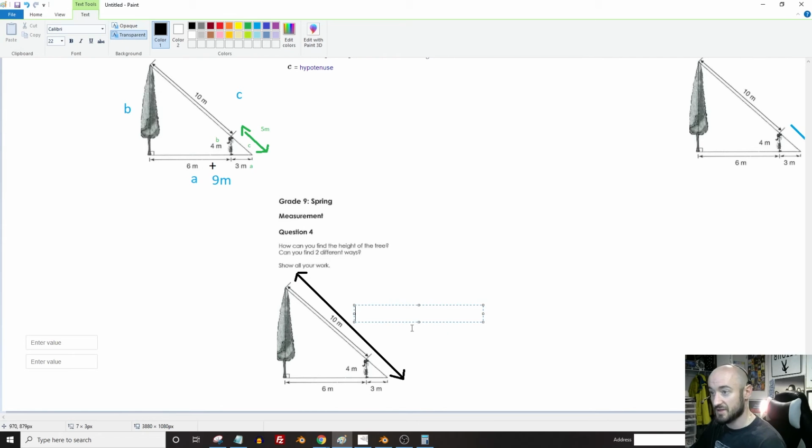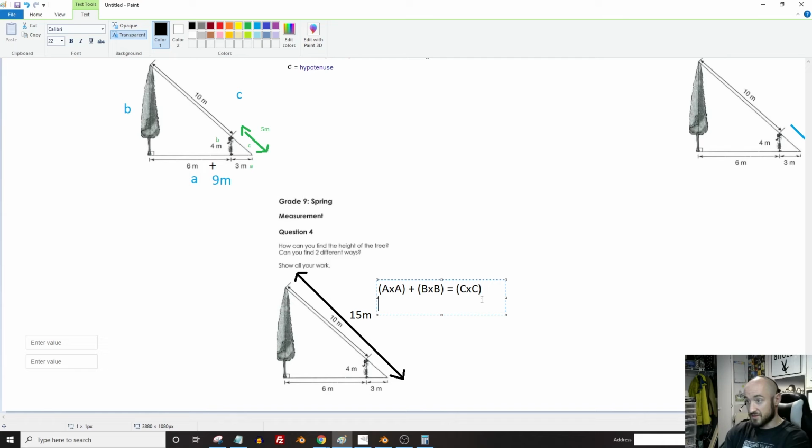This value is 15 meters. And unfortunately, I can't rotate my text, but we can just do that. So this is that. No, sorry, a times a plus b times b is equal to c times c.